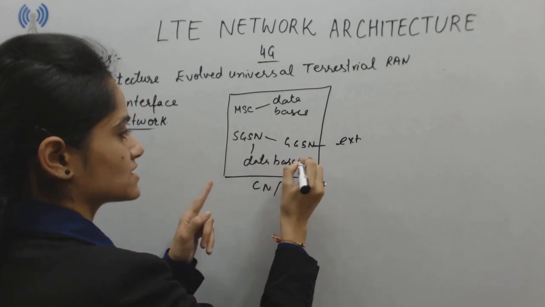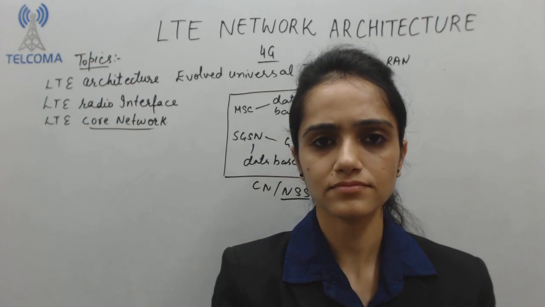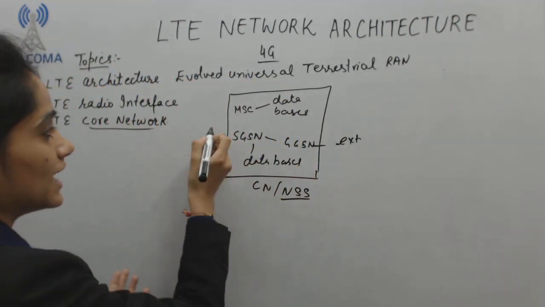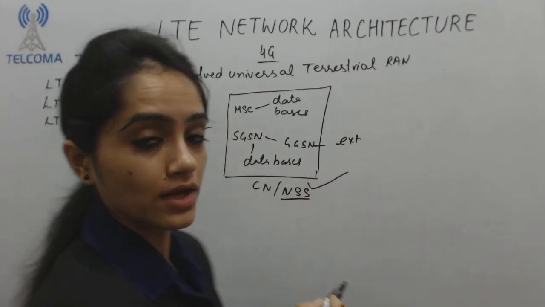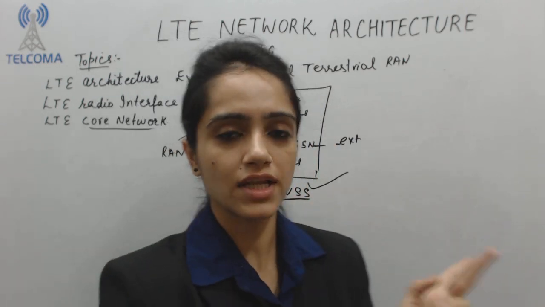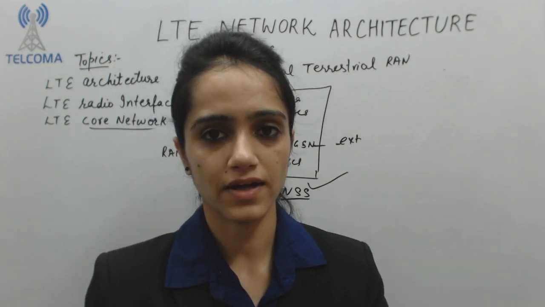So this is the previous core network, but we have added new entities in this. Now for 3G, we have changed the radio access network, but we have not changed the core network. This core network till 3G is the same as that of 2G, 2.5G, 2.75G.